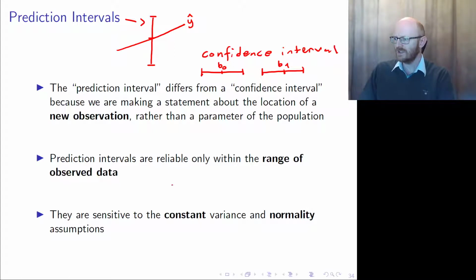So the prediction intervals are really only reliable within the range of observed data.